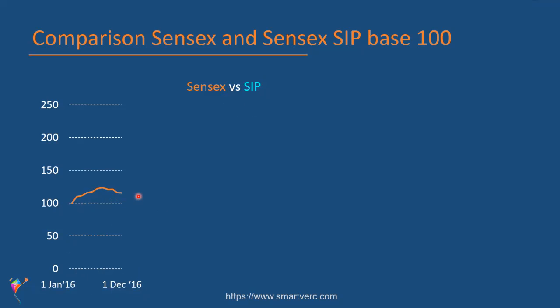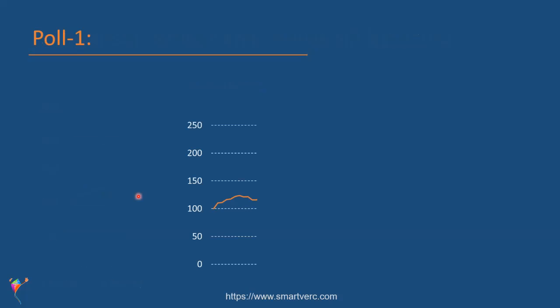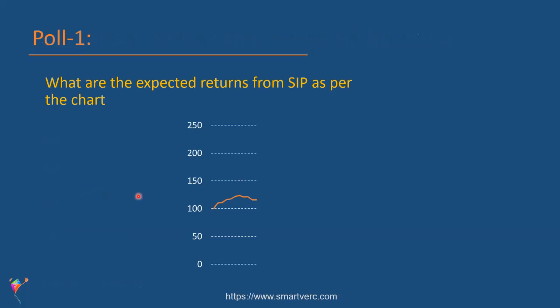Sensex on a standalone basis has gained about 20% during 11 months. It went up to about 25%, then came down, and presently it is delivering 20% returns. What kind of returns are you expecting from the corresponding SIP? 0%, 25%, 12%, maybe you may not be knowing it.